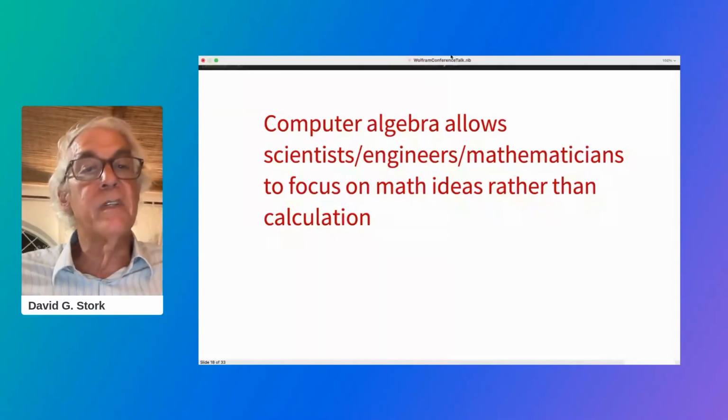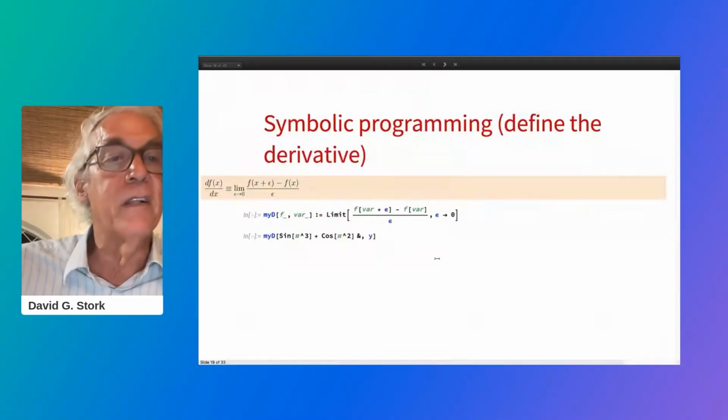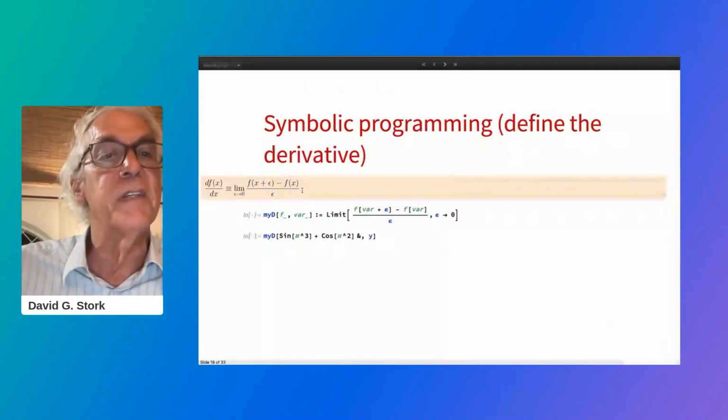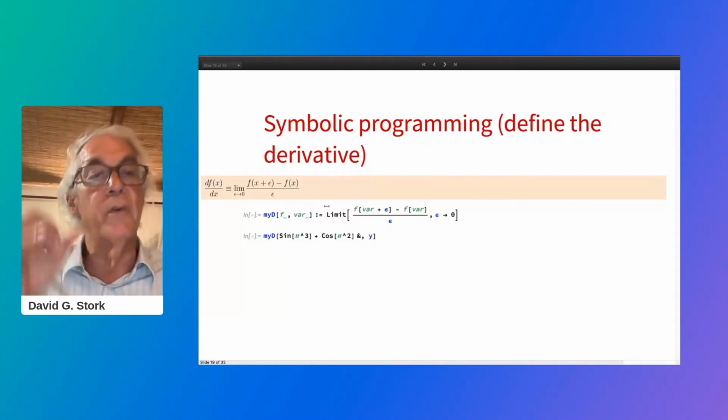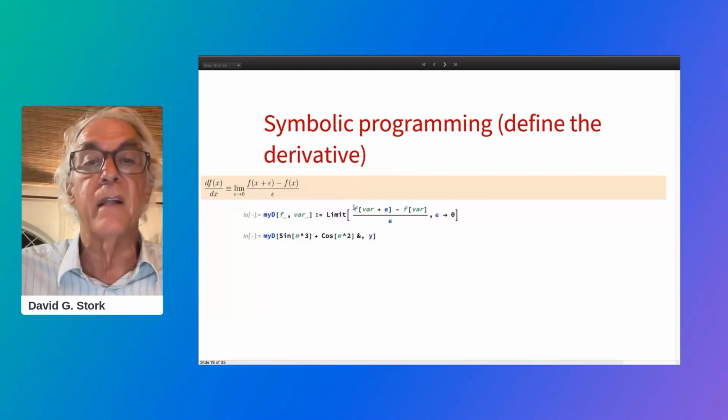And here is what I mean by symbolic programming. So if you remember from calculus, one definition of the derivative is f of x plus epsilon minus f of x over epsilon, and you let epsilon go to 0. Well, you can actually program that. My d, my derivative of f a function and v a variable is exactly this.